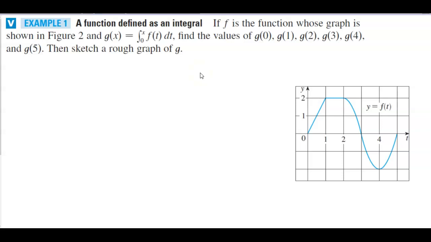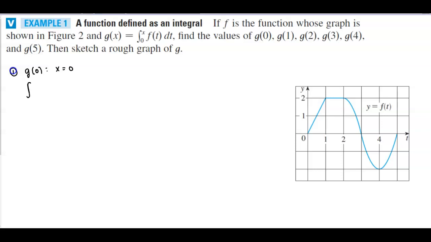Okay, so let's go ahead and start with number 1. So number 1 is when we're going to let x equal 0. When we find g of 0, that means we're letting x equal 0 into the integral.